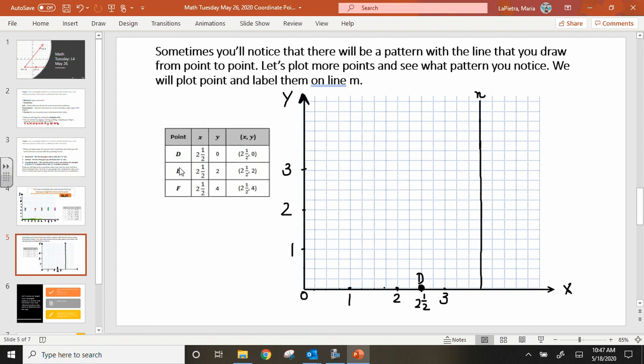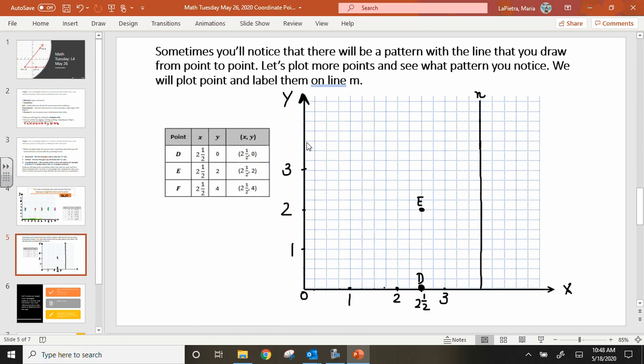Okay, then we have E. 2.5. If you notice now this time our X is all the same. So here we go over to my 2.5, and now this time it's saying it goes up to 2. So now we're going up to 2. And that's going to be my E. And F is saying go over again on the X to 2.5 and go up to 4.